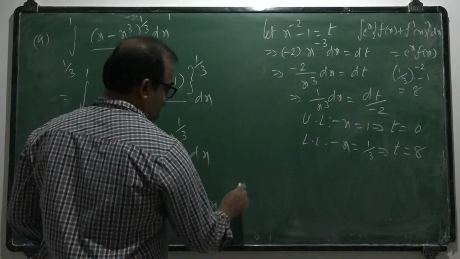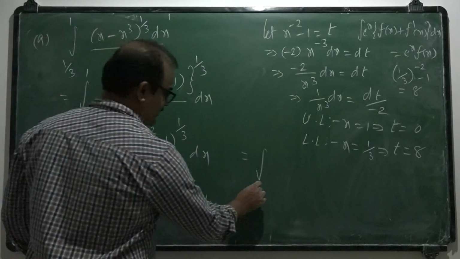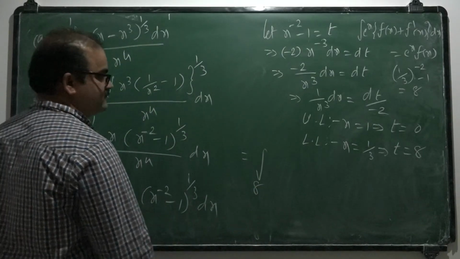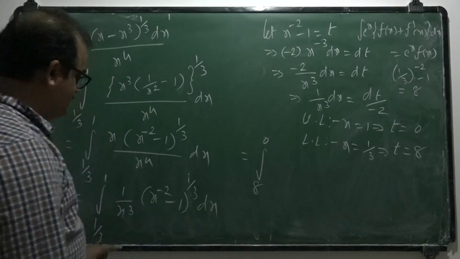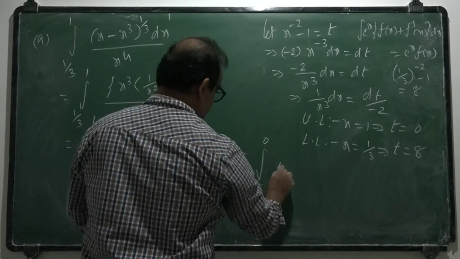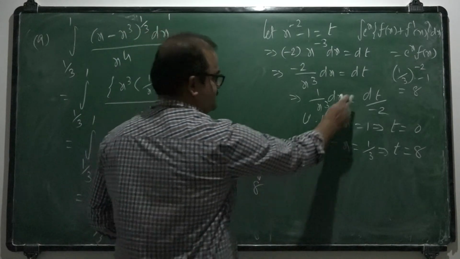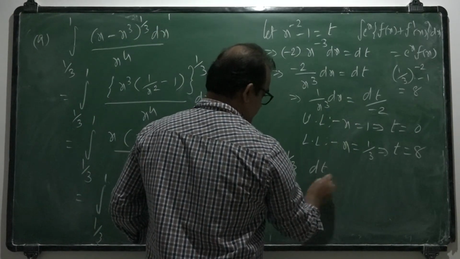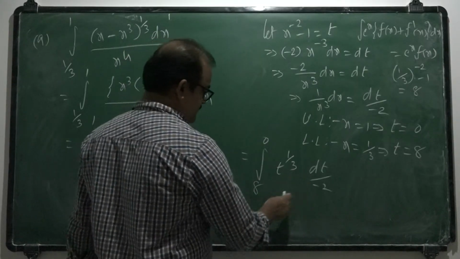Now this integration is equal to integral of lower limit 8, upper limit 0. See here, x power minus 2 minus 1, that is t to the power of 1 by 3. 1 by x cube dx, that is dt by minus 2. Minus 2 is constant.